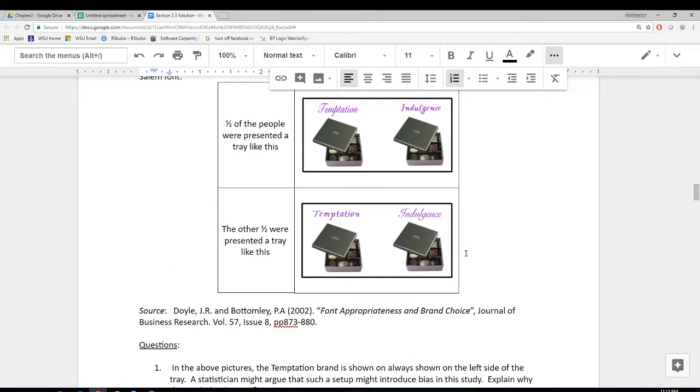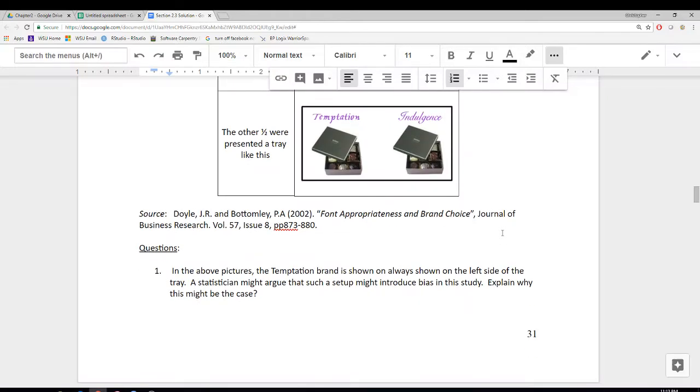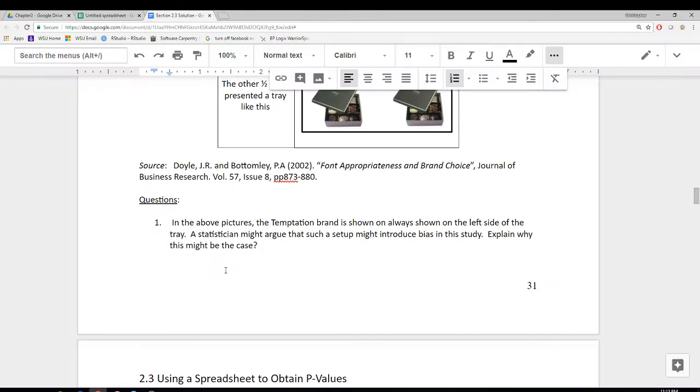And we don't want that bias. It's really simple to alleviate that. You just randomize what you put on the right or left of the tray. That'll take care of that potential bias. So, explain why that might be the case. Let's just talk about that real quickly here.